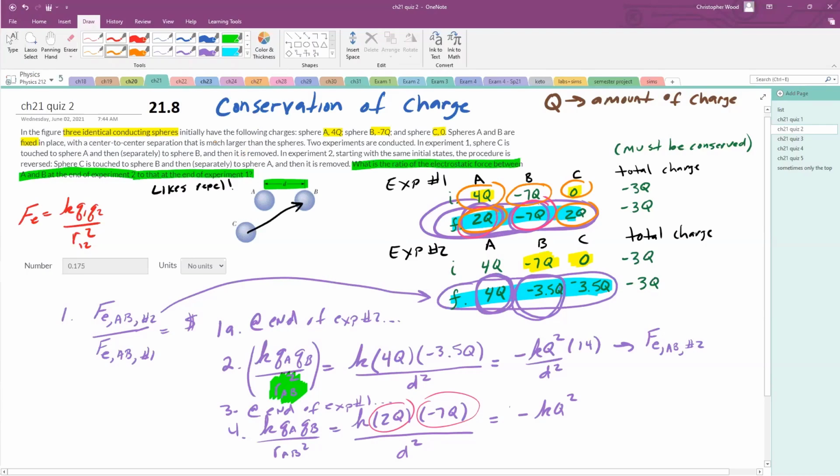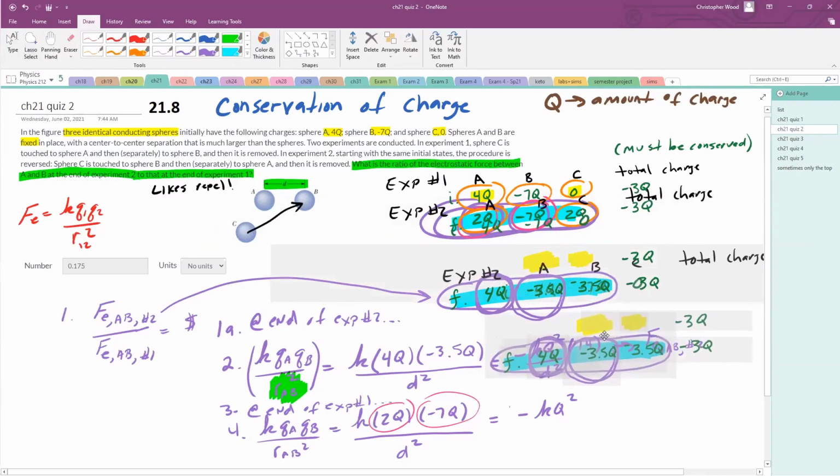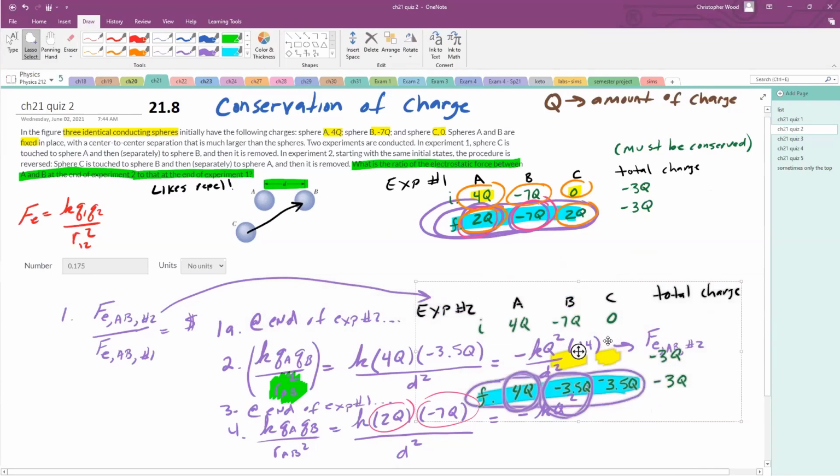Let me do this then. You're right. Okay, so let me move all of this down, and maybe get rid of it.